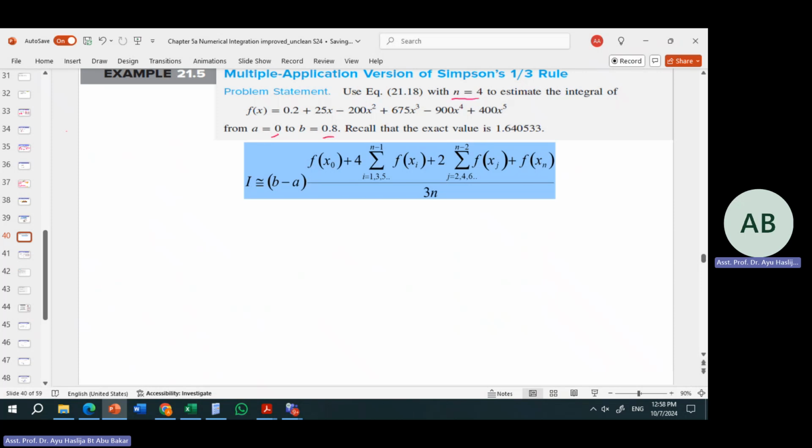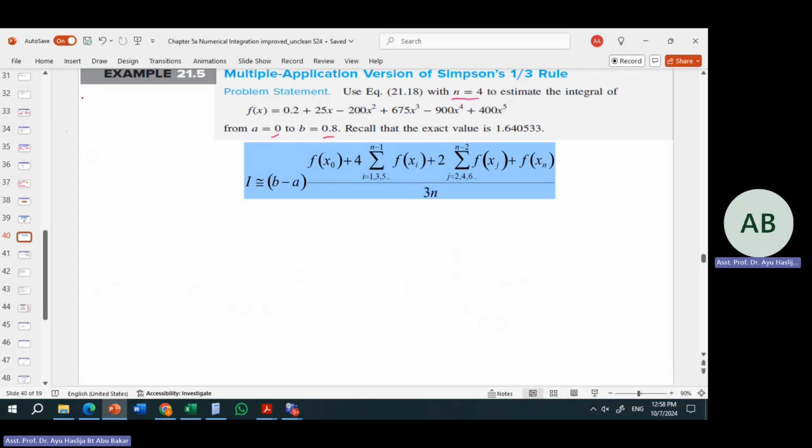Okay, the same as the previous example, but now we use the 1/3 rule. Multiple application, n equals 4.